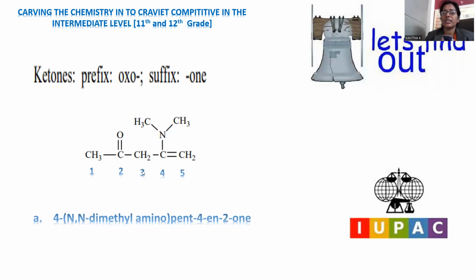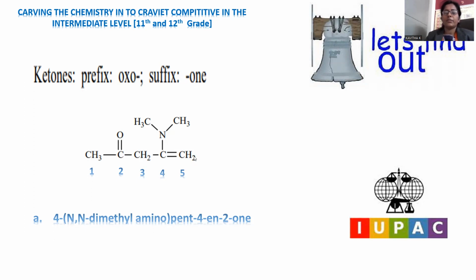Among all, the most highly oxidized one is the ketone, so the ketone gets higher priority and is taken as -one. Being a 5 carbon chain, we mention it as penta. The root word is pent, and -one is present at the second place, so 2-one. Let's see what else we have.